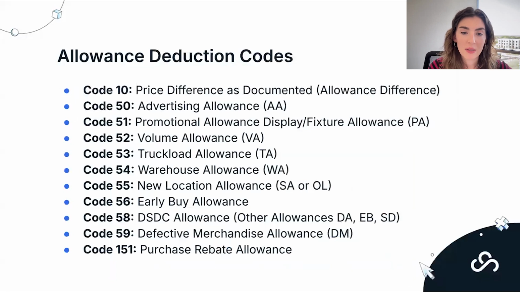And like I mentioned, here are some of the allowance deduction codes. Typically, you're going to see them in that 50 range. They do have some that are code 151 and then code 10 here at the end. But if you see a code in the 50s, it's likely an allowance deduction. We have a whole webinar on that. We have articles on that. We have ebooks on that. So Danielle will send those through.